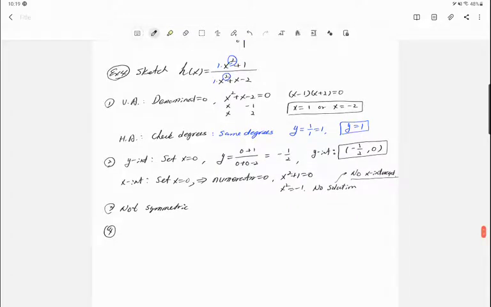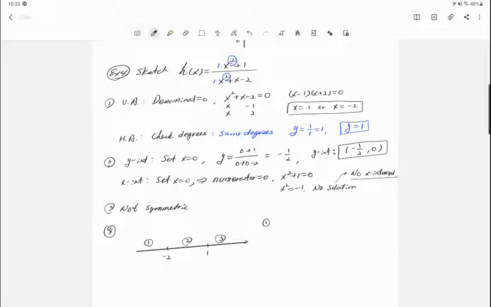Next, let's check the points between intercepts. The vertical asymptotes are 1 and negative 2, and there's no x-intercept. So let's check these points. Here are interval 1, 2, and 3.